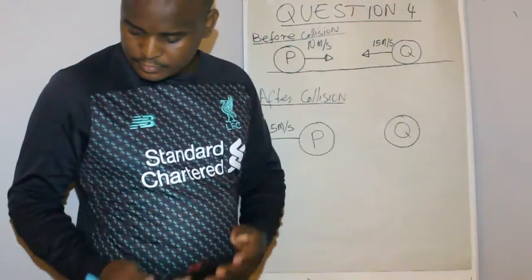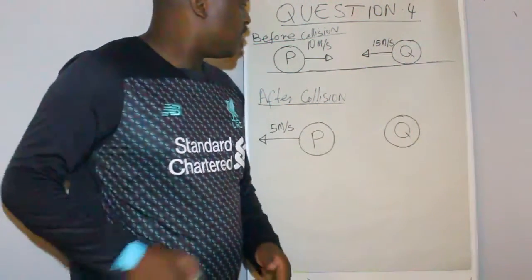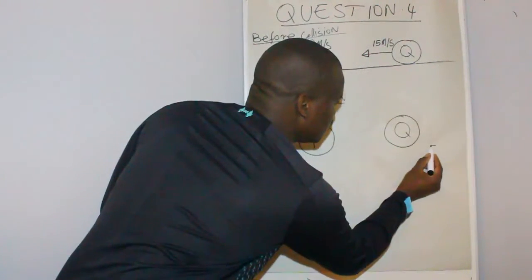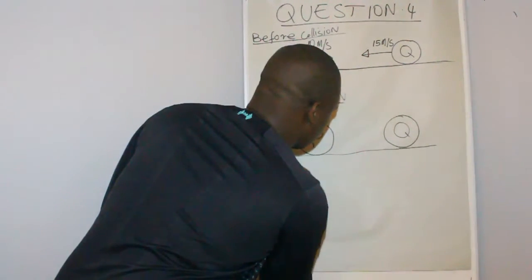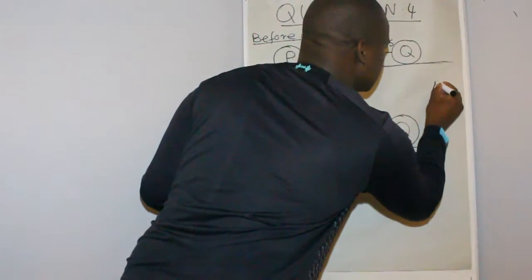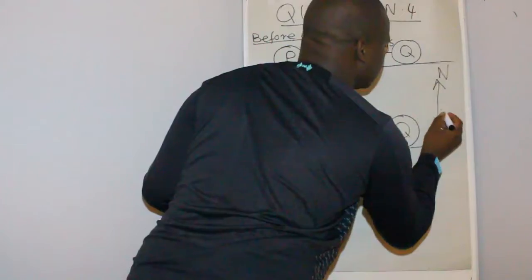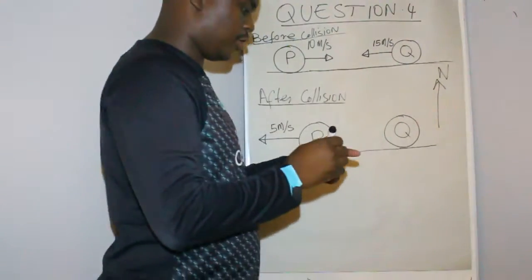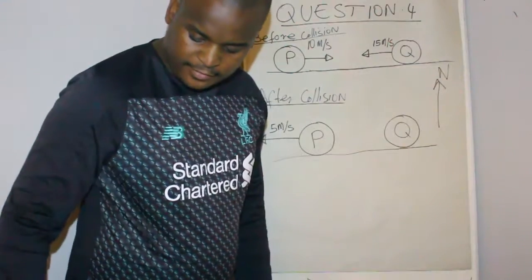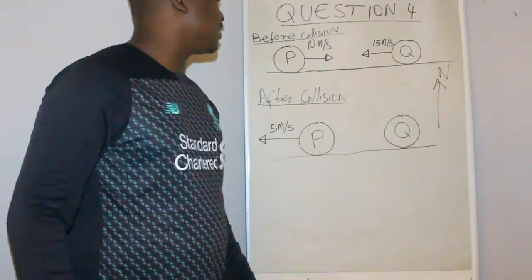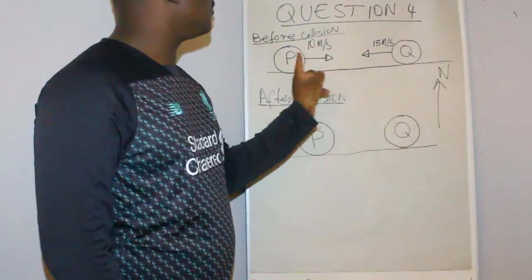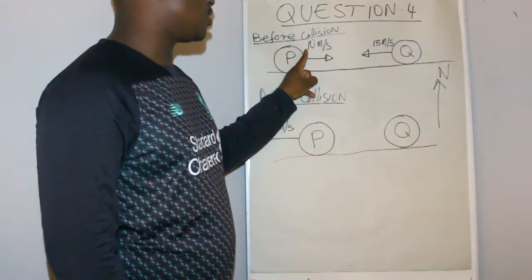So the only things missing here, I'll say two in fact, are the ground and the compass. This is north. If you know north, you know east, west, south, and all of that. What they're saying is that ball P is moving east at 10 meters per second.